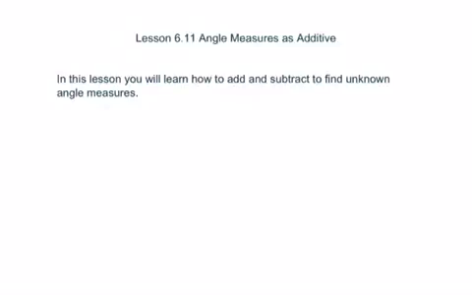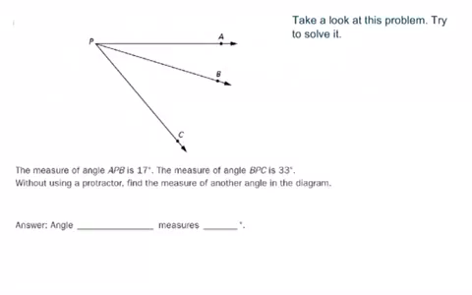When you have that and today's date written in your notebook, you can unpause and come back. Alright, so take a look at this problem and try to solve it. So the problem says the measure of angle APB is 17 degrees.